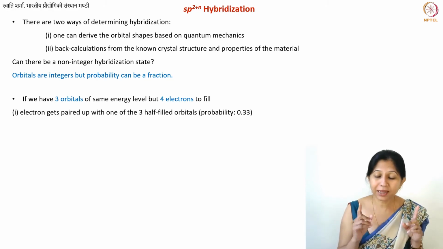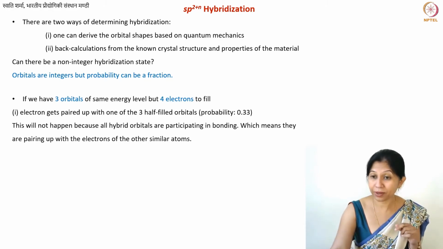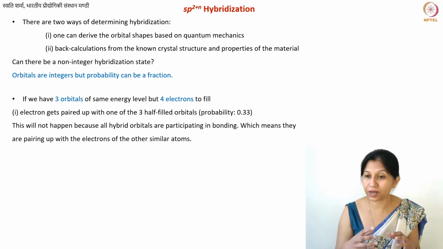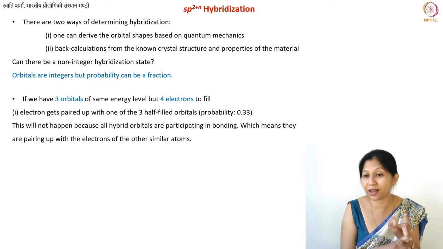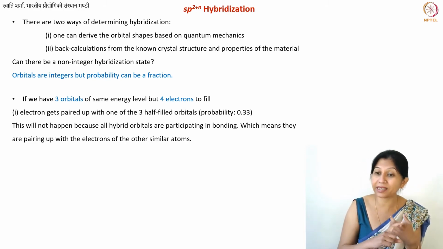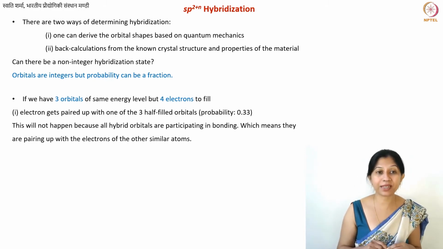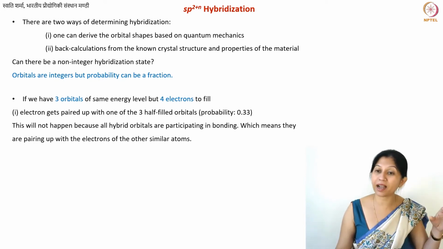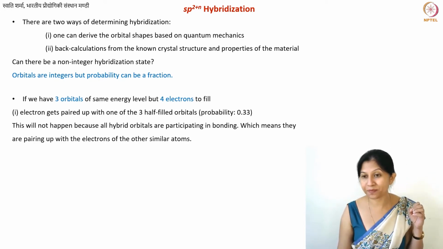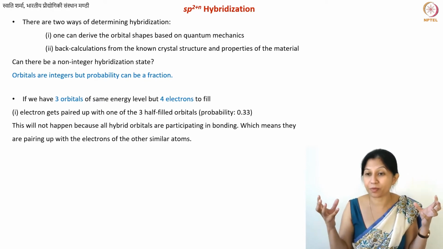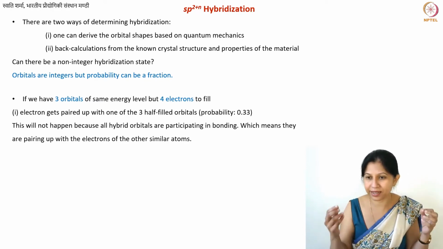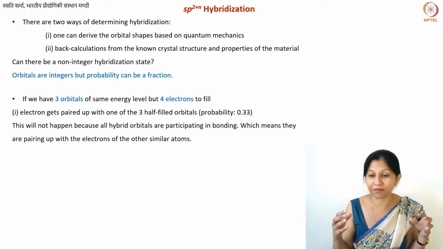Okay, but this will actually not happen, because when we think of it theoretically, it can happen, but it will not happen in practice because hybridization only takes place at the time of bonding, which means that there is another carbon atom nearby. That carbon atom will also have 3 sp2 type orbitals. Let's say this is an example of sp2 type orbital, when I say 3 hybrid orbitals of the same energy level.